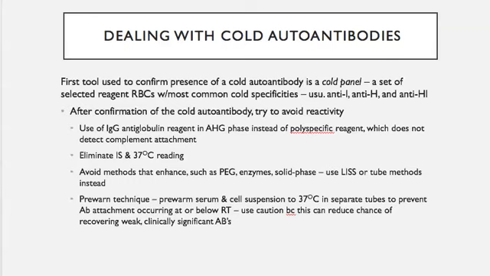We can do a pre-warm technique. We want to pre-warm the serum and cell suspensions to 37 degrees in separate tubes to prevent this antibody attachment occurring at or below room temperature. You have to be careful when you're using this method because it can reduce the chance of recovering weak, clinically significant antibodies.